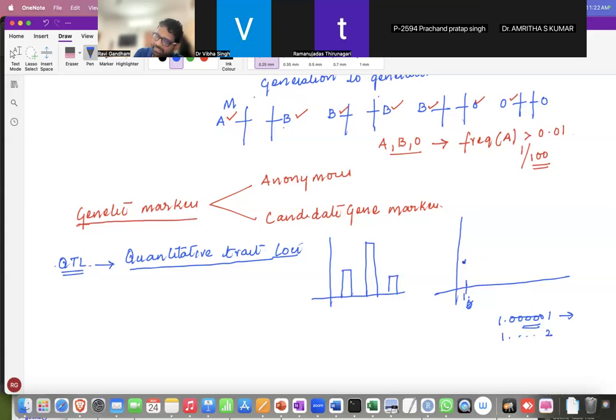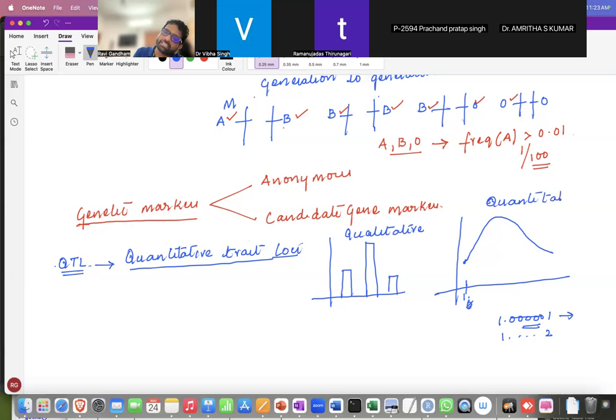So this makes this trait a continuous trait, meaning for all the values that are possible, you can have this trait in a set of individuals across a population. That's how you distinguish between a qualitative trait and a quantitative trait.